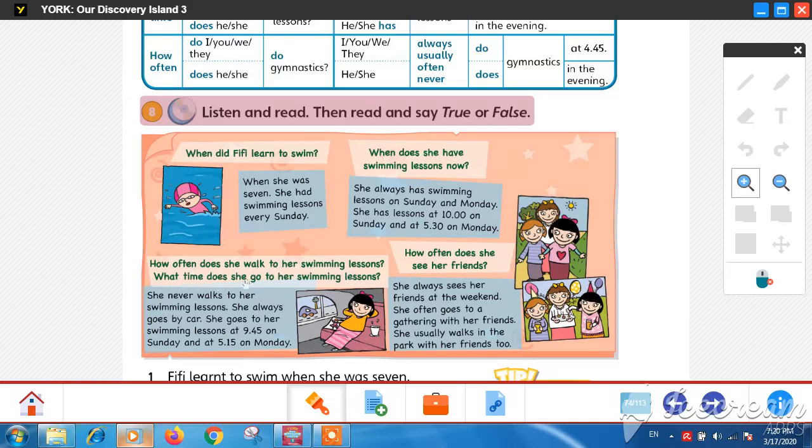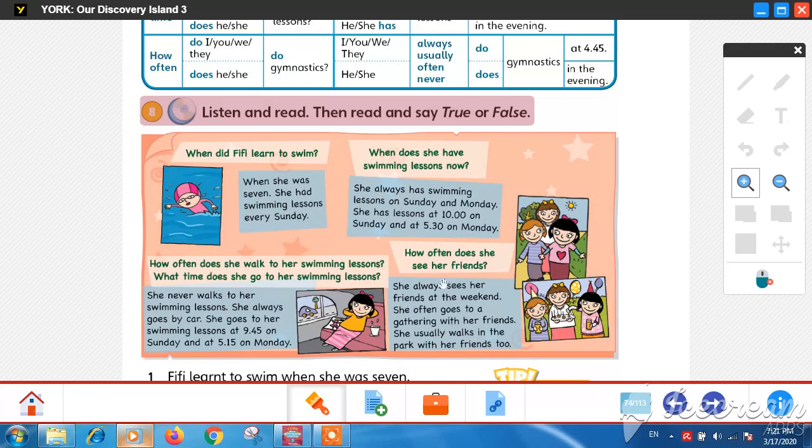What time does she go to her swimming lessons? She never walks to her swimming lessons. She always goes by car. She goes to her swimming lessons at 9:45 on Sunday and at 5:15 on Monday. How often does she see her friends? She always sees her friends at the weekend. She often goes to a gathering with her friends. She usually walks in the park with her friends too.